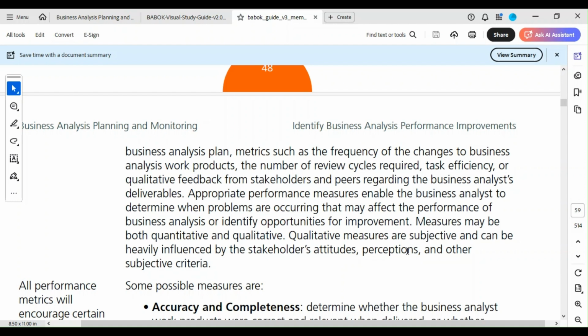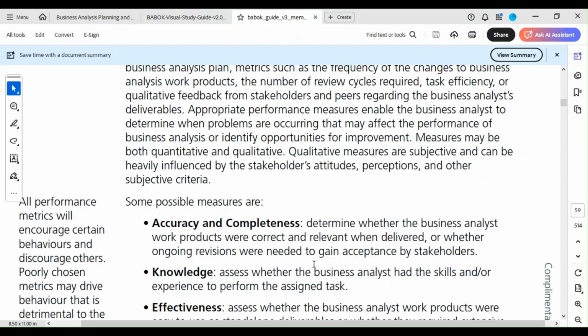There's no benchmark, so it can be out of the moon. Oh, they are doing so great. But you can't measure it. You're doing great, but fine, but is there a measurement to it? No. So it is influenced by their attitudes, perceptions, and other subjective criteria. So it's subjective, it's not objective.